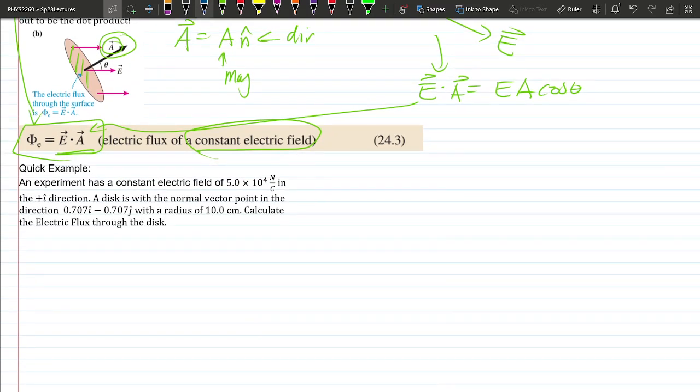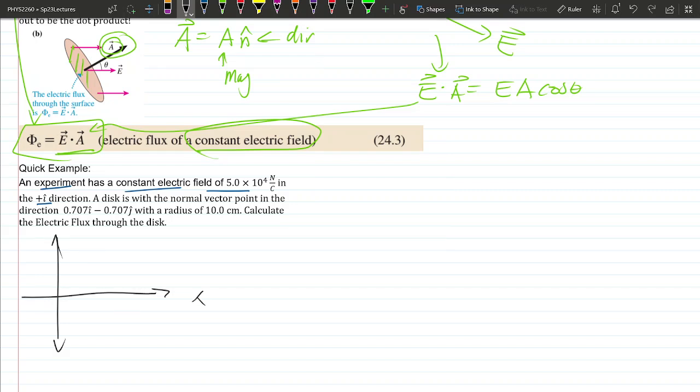So I want to go through this example that I didn't get to do yesterday. Let's say in an experiment, there's some constant electric field of 5.0 times 10 to the 4 newtons per coulomb in the i hat direction. So I'm even going to start drawing this. I'm going to declare some x and y axis. Let's make my x this way, my y this way.